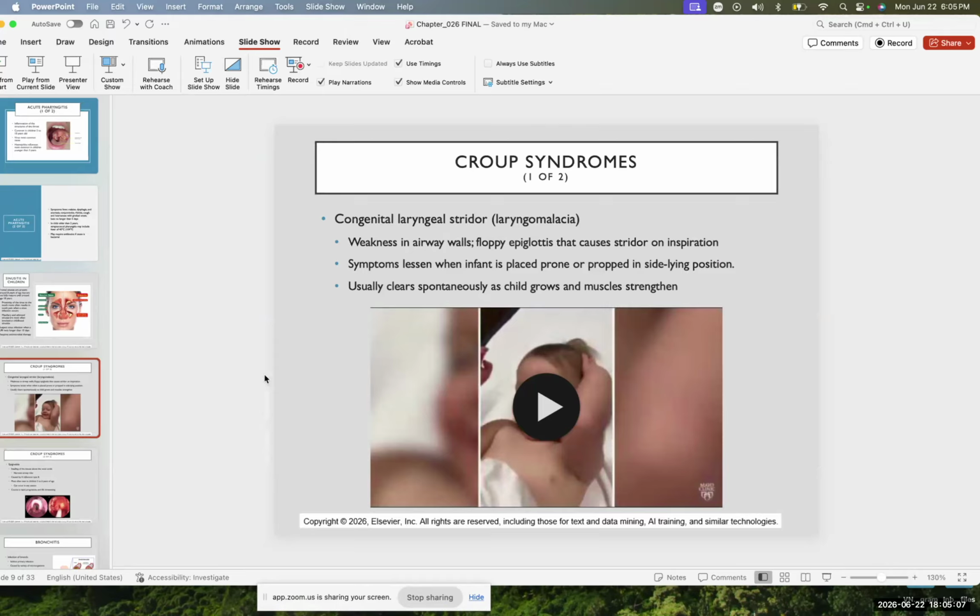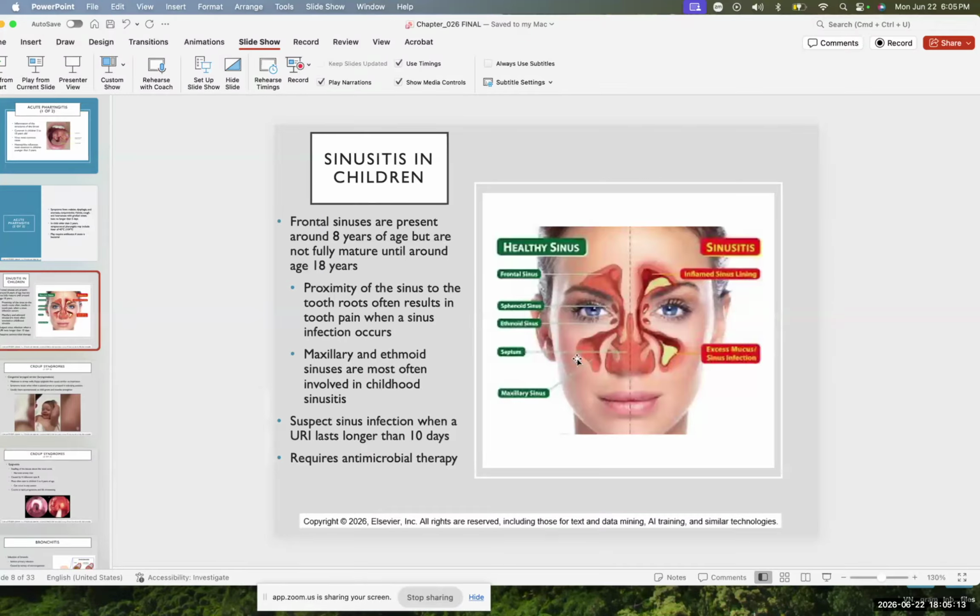Questions on sinusitis? No? Just so you know, the treatments of these are to try and control that exudate. Okay? So what do you think would be the treatment of this besides antibiotics?